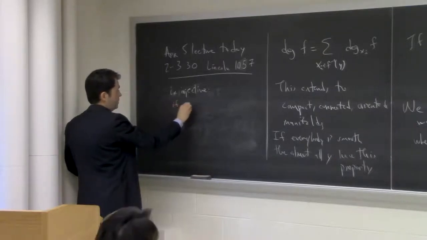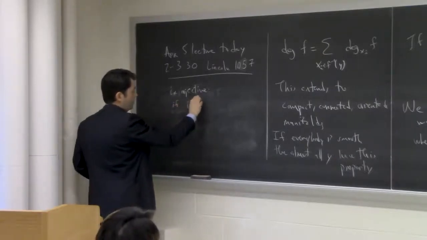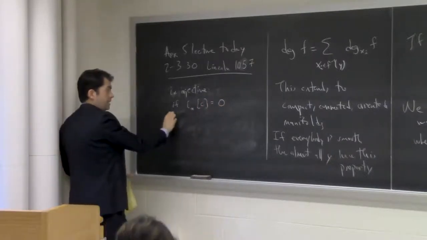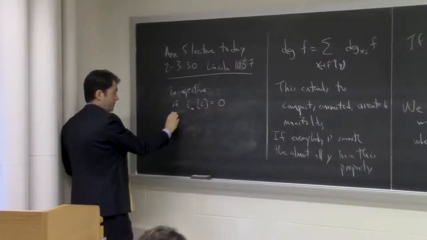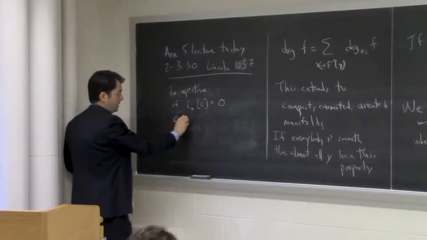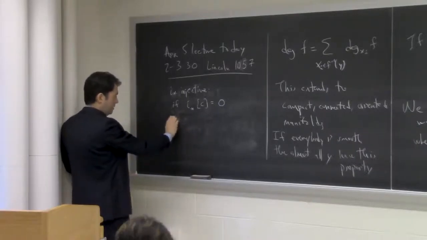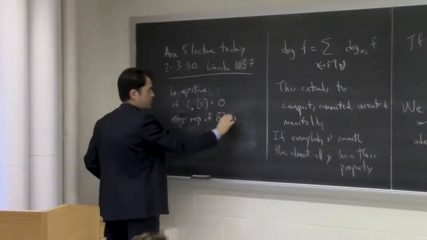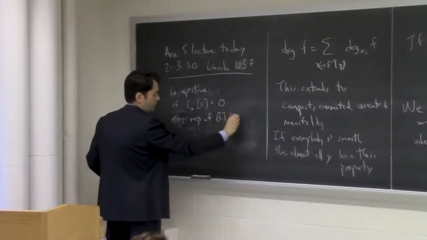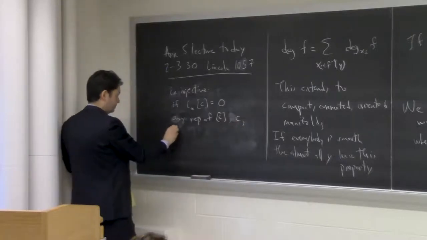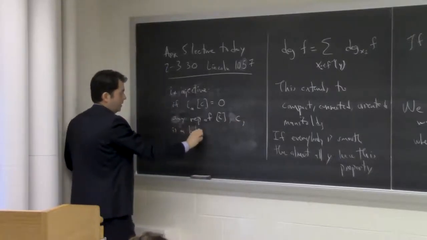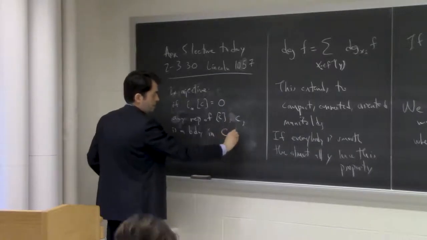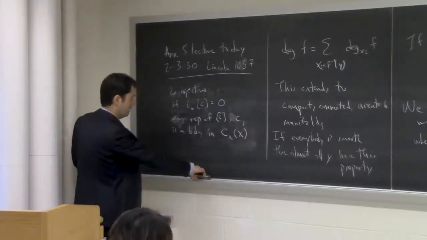So if I star of a class is equal to 0, that means that any representative, say C, is a boundary in X. Perhaps I have too many Z's.